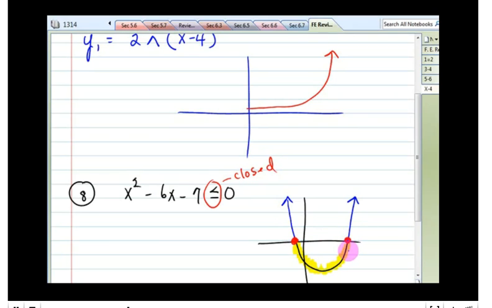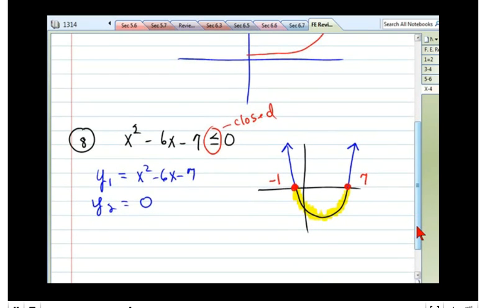You can do that by second calc intersect, or you could factor it. So if you do it with, you might need to do this, and y2 equals 0. That way you can do that second calc 5. You can find that number and that number. And what do we get? -1 and 7. So you will need to find those x-intercepts.